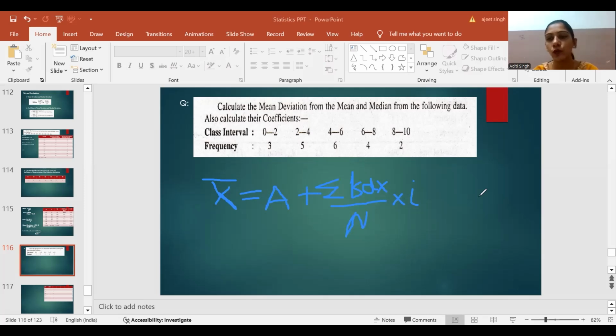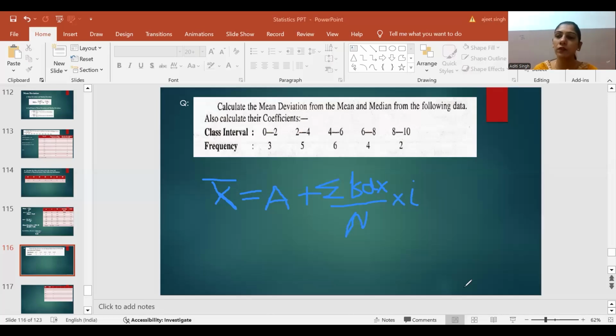First, we have to calculate the mid value from the given class interval, and that mid value is the value of x. After that, we will take the assumed mean for calculating the value of dx, from the mid value of the class interval.